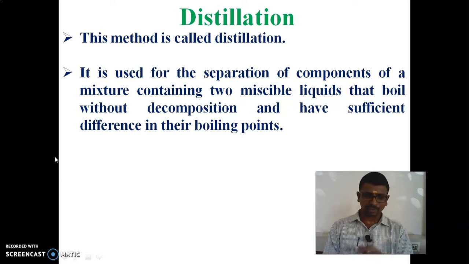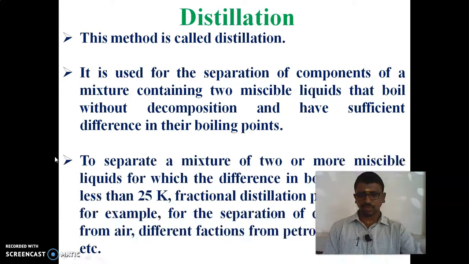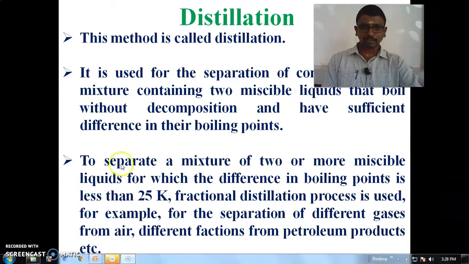We will see what that is. Yes, it is fractional distillation. Let me explain that also. To separate a mixture of two or more miscible liquids for which the difference in boiling points is less than 25 Kelvin, the fractional distillation process is used. If the difference in the boiling points of the two components is less than 25 Kelvin, we go for fractional distillation.